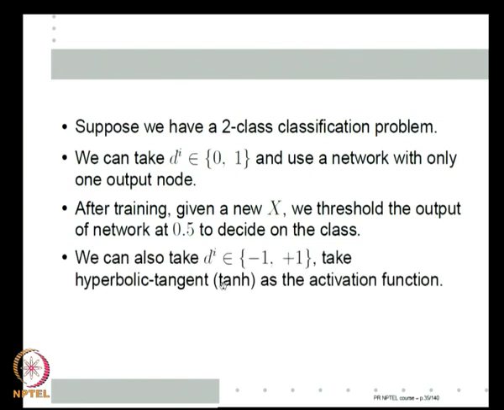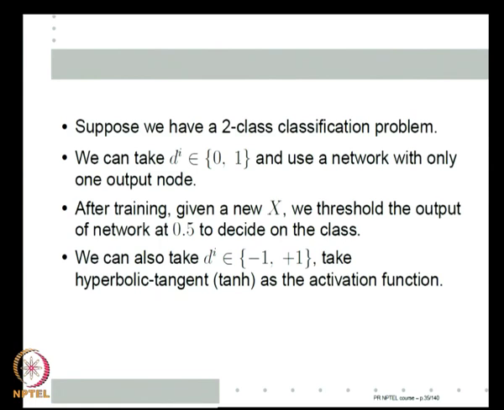Of course, this 0 and 1 is arbitrary. I can as well use plus 1 and minus 1, for example. If I use plus 1 and minus 1, my output should go to both signs. So, I will use hyperbolic tangent rather than sigmoid as the activation function. With the hyperbolic tangent as the activation function, I can use the desired outputs as plus 1 and minus 1, right. So, essentially to use the network as a classifier in a 2 class case, my input layer will have as many nodes as the feature vector dimension.